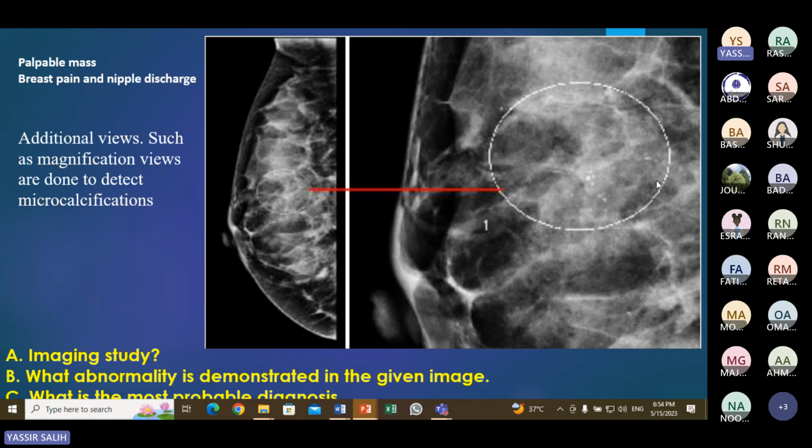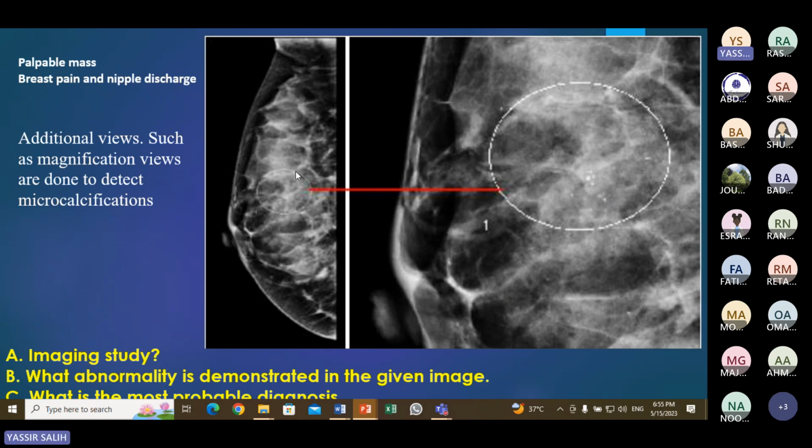What is the abnormality you see within the circle? Yes, this is the view. Irregular. Irregular what? Do you see this?